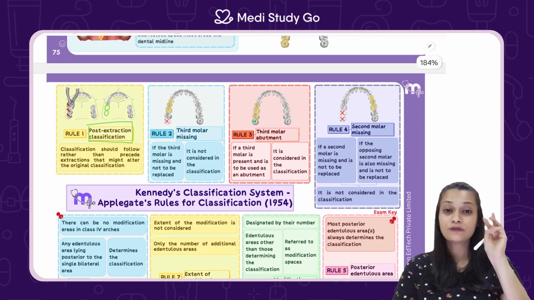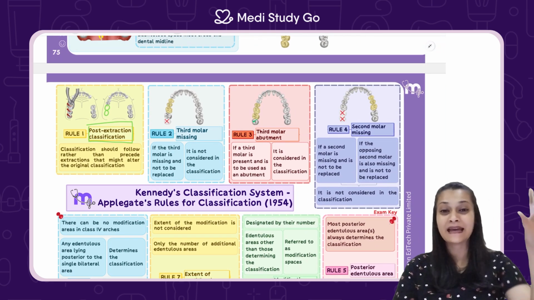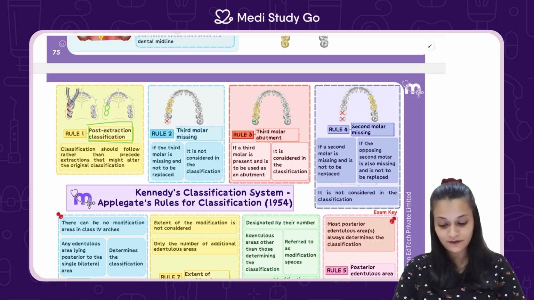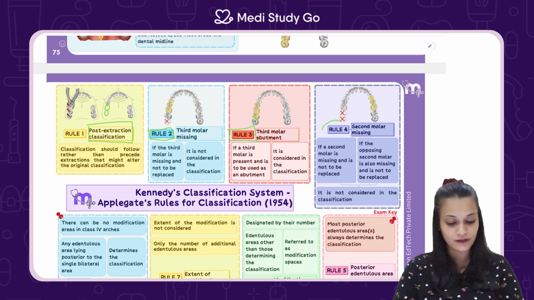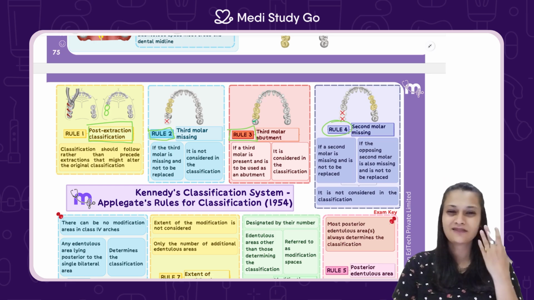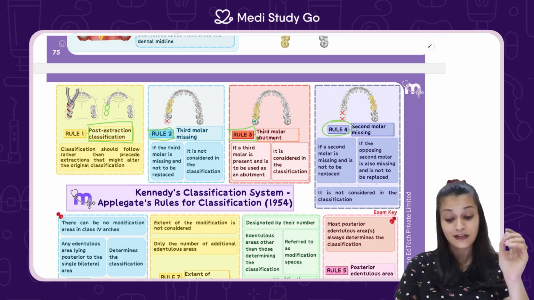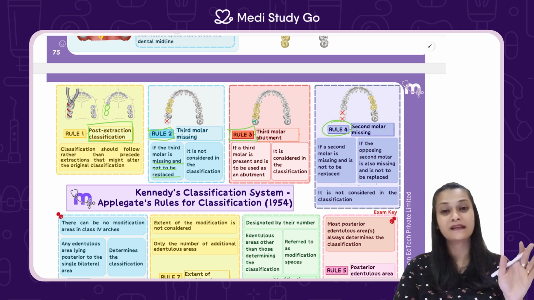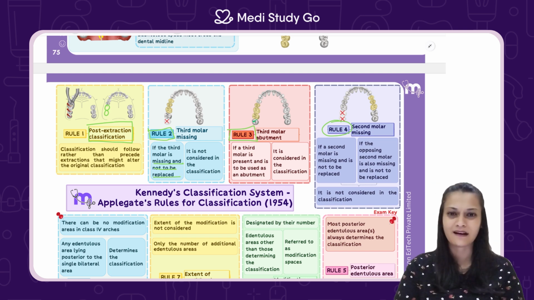Rules number 2, 3 and 4 will play around with your last abutment tooth. 2 and 3 will play with your third molar and 4 with your second molar. Now there is a confusion. I say third molar is not that important, I don't want to rehabilitate it. So if the third molar is missing and not to be replaced, don't consider it in the classification.